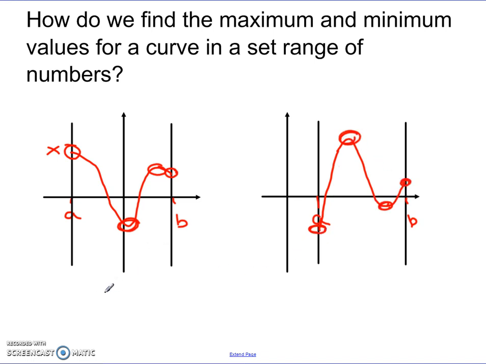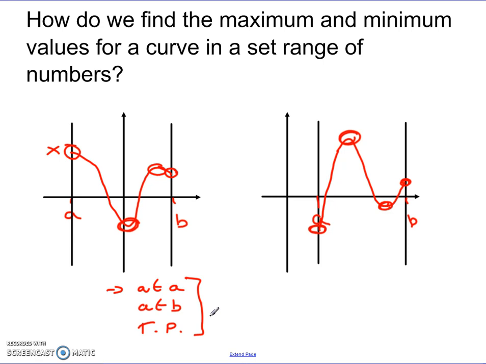What I can then say is that the curve has a maximum or minimum value in one of three places. The first one is at a, the second one is at b, and the third one is the turning points. The highest and lowest values for the curve exist in one of these locations. What we've got to do is determine which one it is.